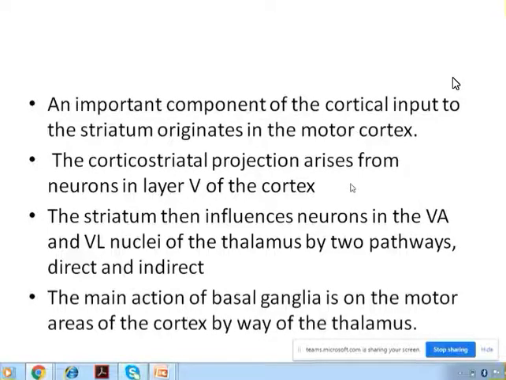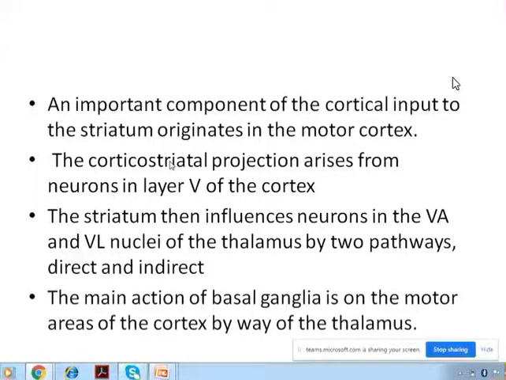Basically, from layer 5 of the motor cortex, the neurons project to the striatum, and this is known as the corticostriatal projection.